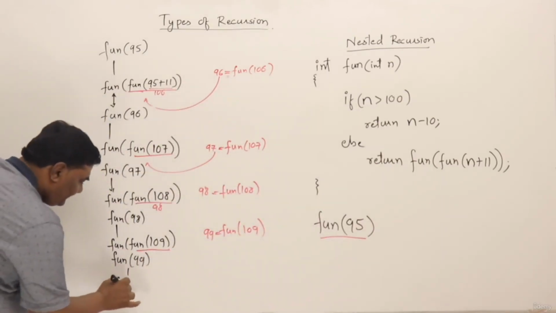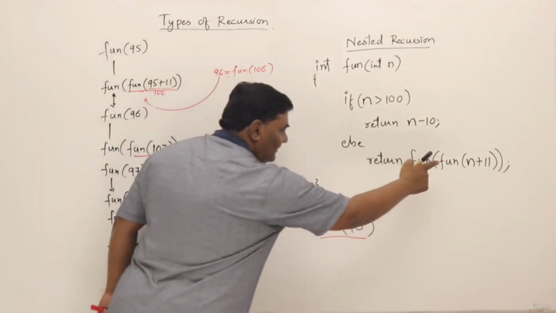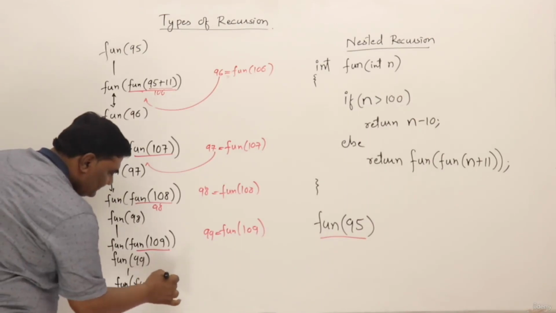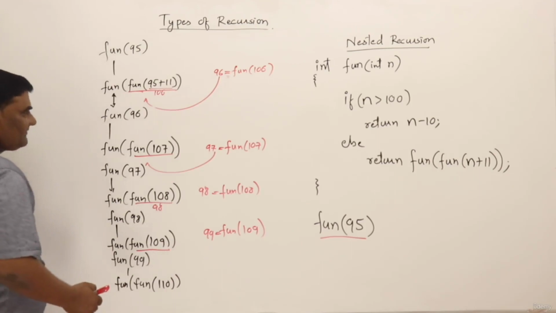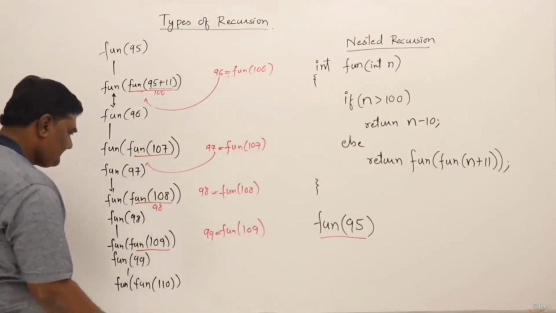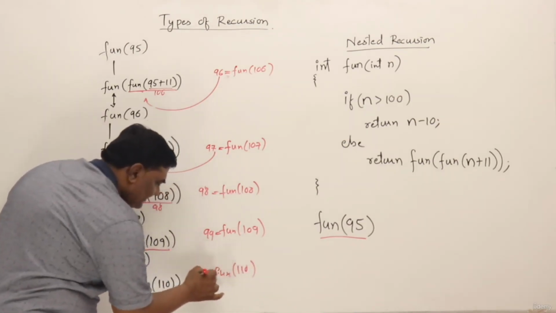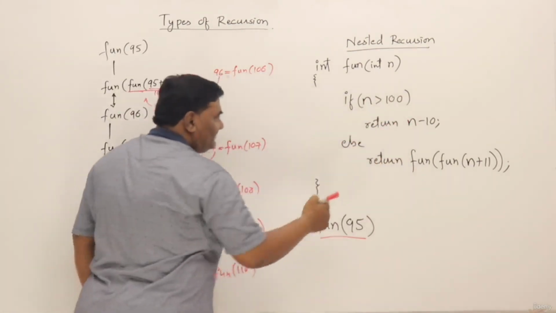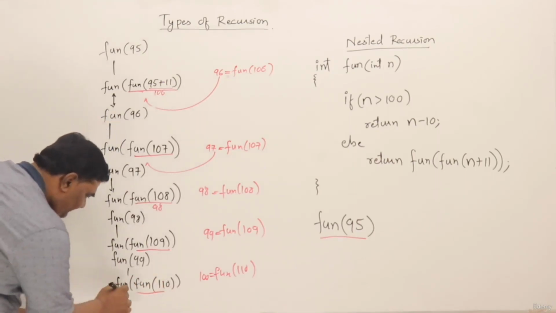So fun of 99 plus 11, this becomes 110. Now what is the result of 110? Fun of 110 will be 100. Here it enters into the if part and returns n minus 10. So this is 100.